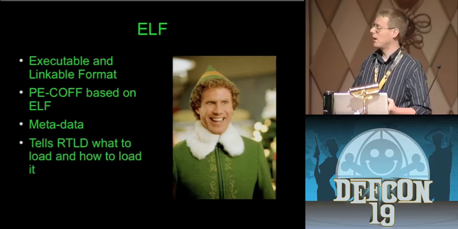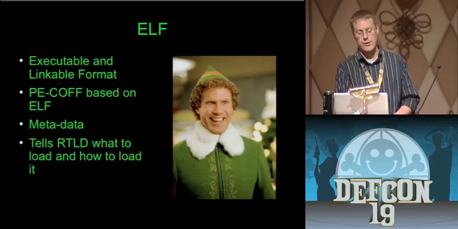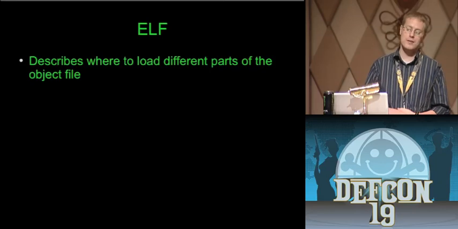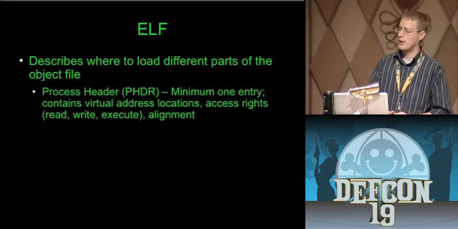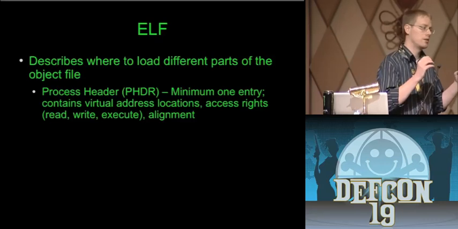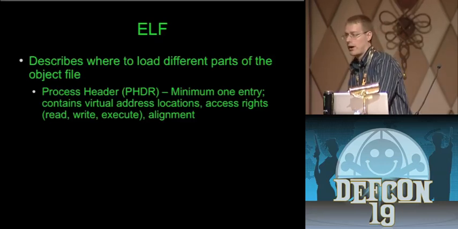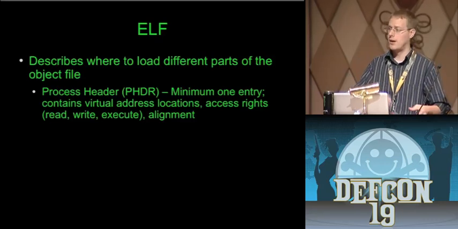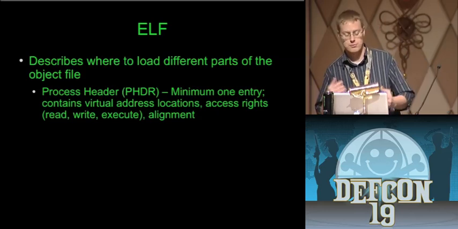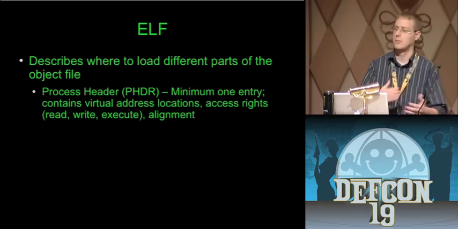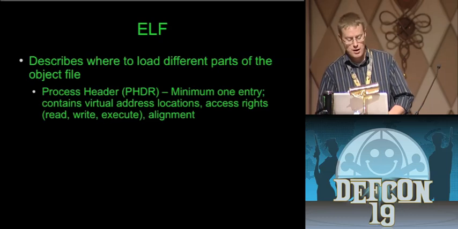It tells the runtime linker what to load and how to load it. So it describes where to load different parts of the object file. An object file is just a generic term that can mean shared object or your program, or an object file like when you compile a program and you create an object file, and then you link them all together, that kind of thing.